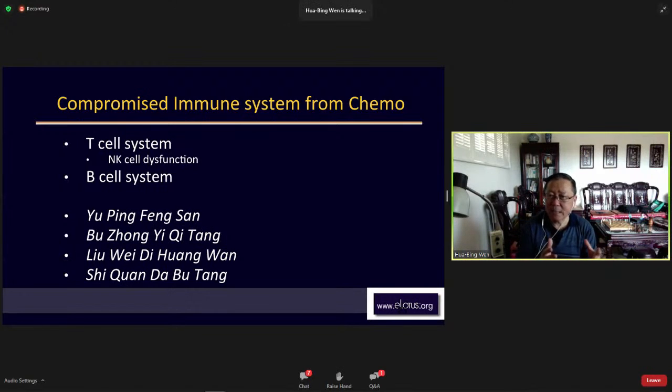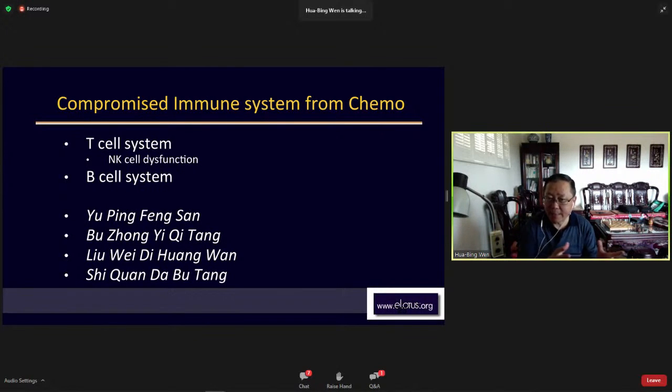All the studies show that this particular supplement or that particular drug helps to increase natural killer cells. In TCM, those are qi tonics: 黄芪, astragalus, and 人参. Those are the best to regulate the immune system in general.